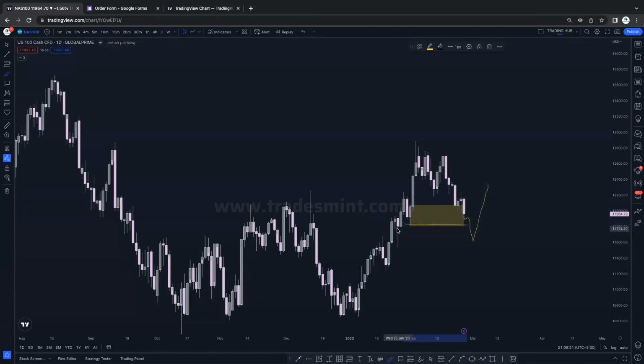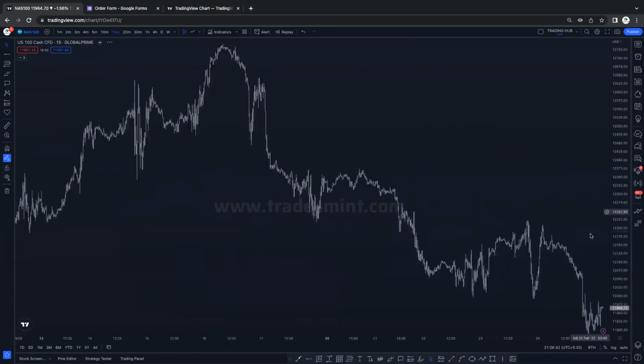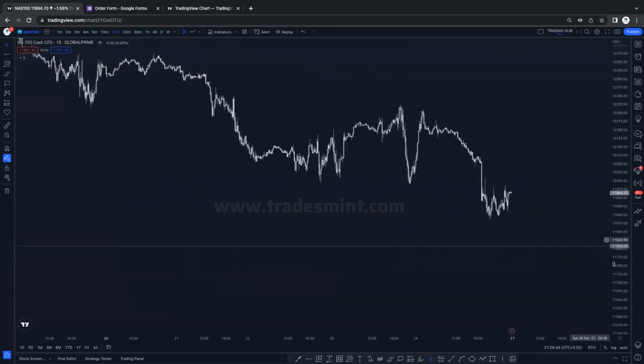This low acts like a liquidity and the market can mitigate here and then continue to go higher. So in upcoming days, we can see NAS100 price must take out this low, right? This low.